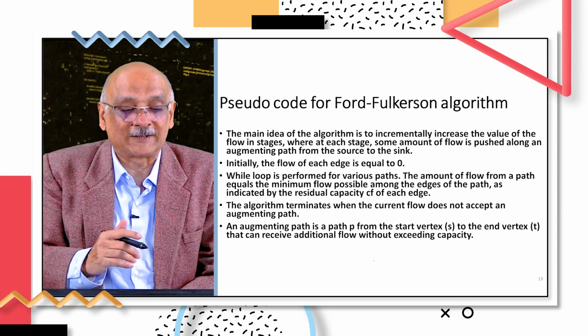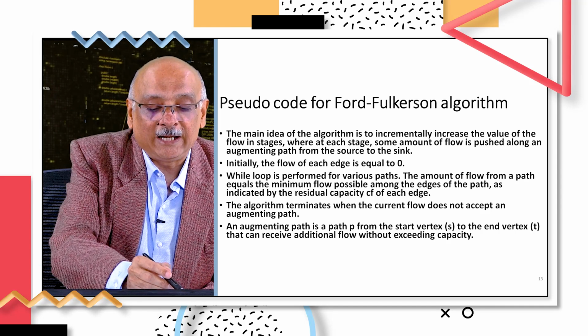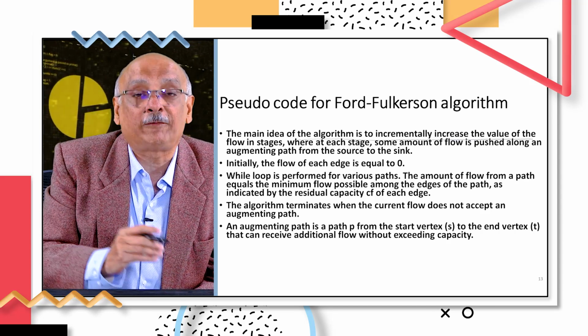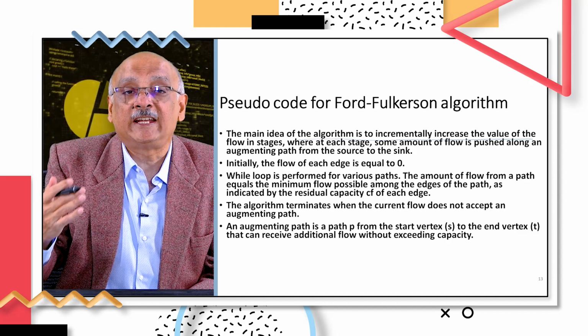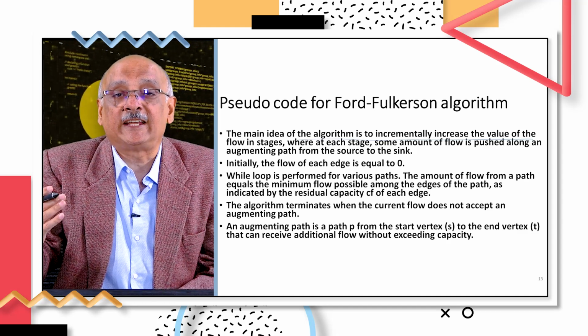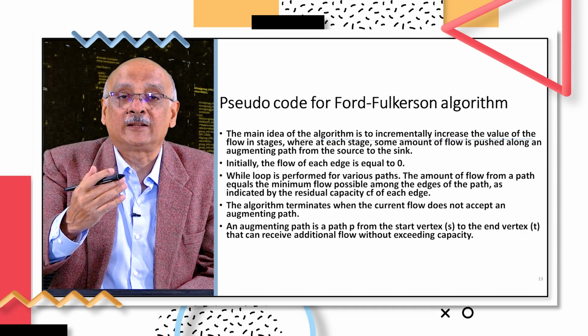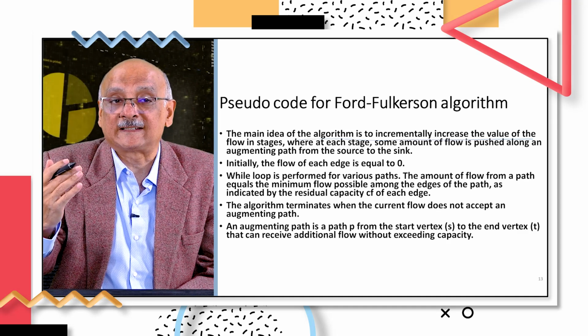So, pseudocode first of all. The main idea of the algorithm is to incrementally increase the value of flow in stages, where at each stage some amount of flow is pushed along an augmenting path from source to sink.